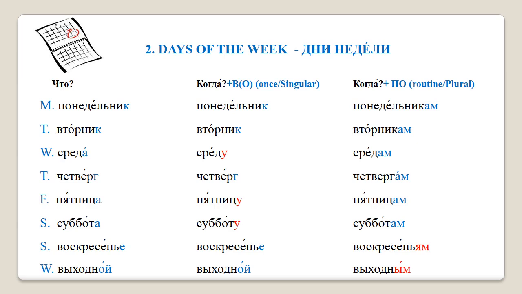Now let's go through these words together. As usual, I will read each word out twice, and I would encourage you to repeat after me. Monday. Понедельник. Понедельник. Tuesday. Вторник. Вторник. Wednesday. Среда. Среда. Thursday.